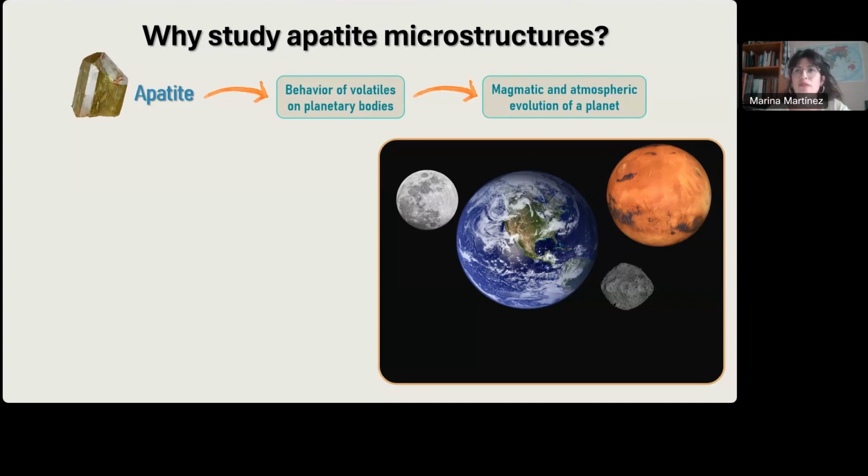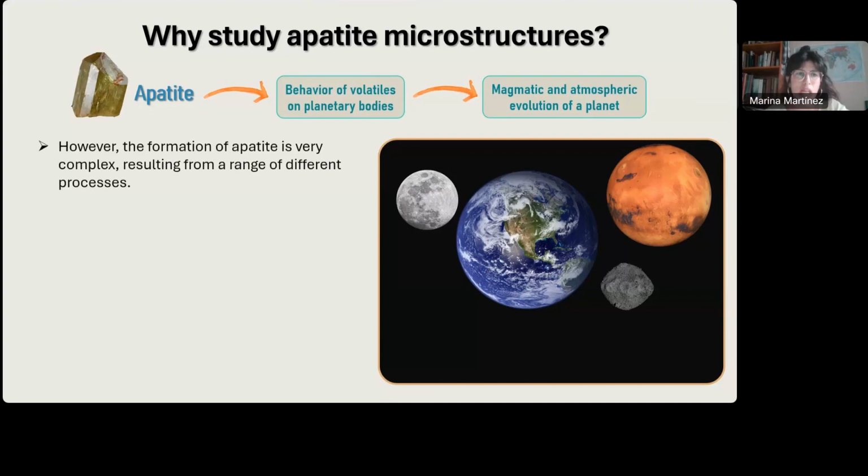For example, volatile elements affect mineral stabilities, they control the density and viscosity of magmas, and they determine the type of eruptive processes. However, the formation of apatite is very complex and can result from a range of different processes, from primary magmatic crystallization to secondary processes involving fluids.